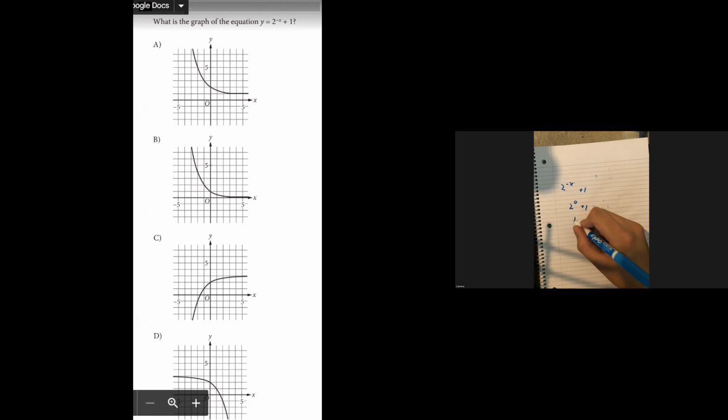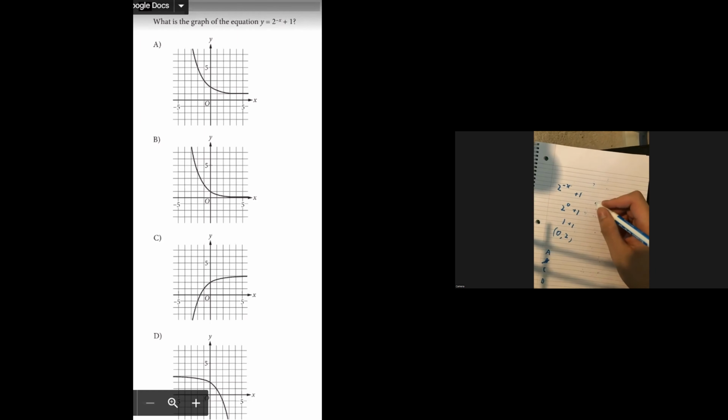Anything to the 0th power is just 1, plus 1, which would get us a y-intercept of (0, 2), where the x value is 0 and the y value is 2. Which means that out of our answer choices A, B, C, and D, it can't be B because it doesn't have a y-intercept of (0, 2).